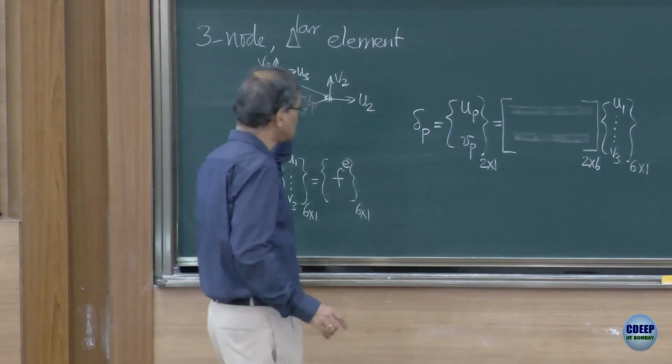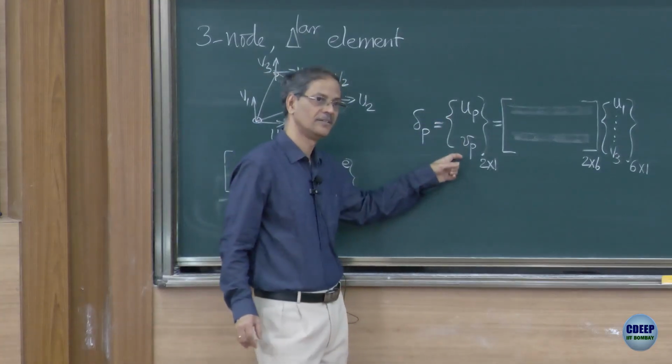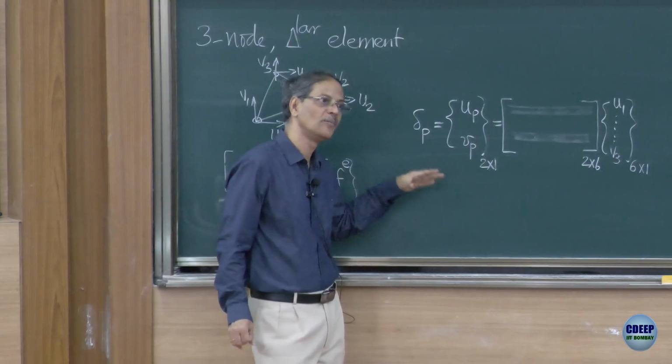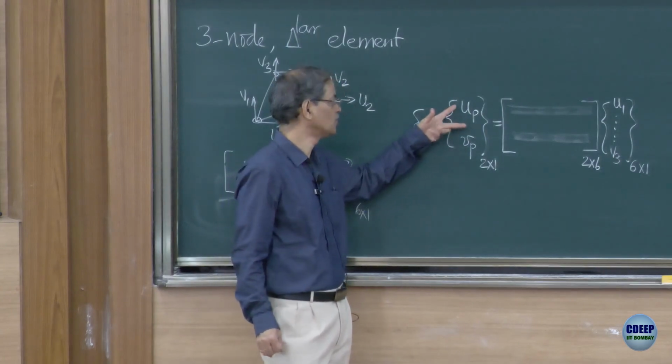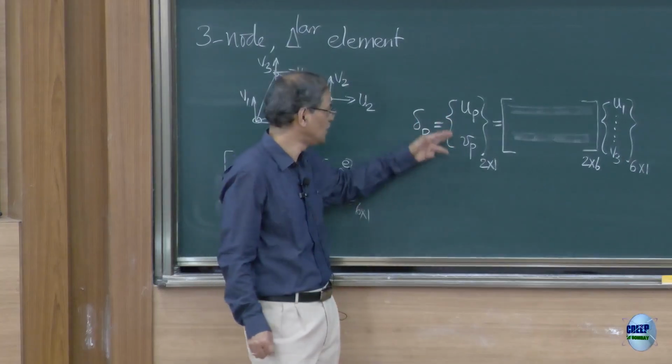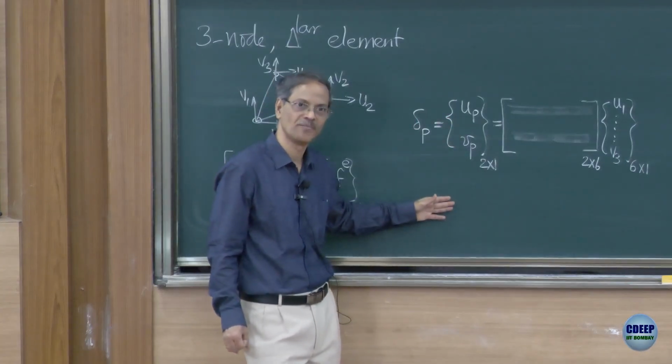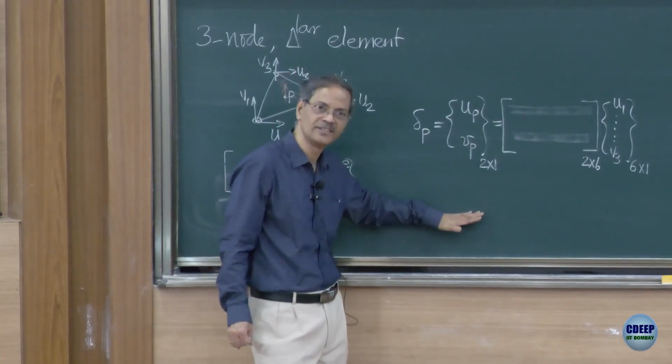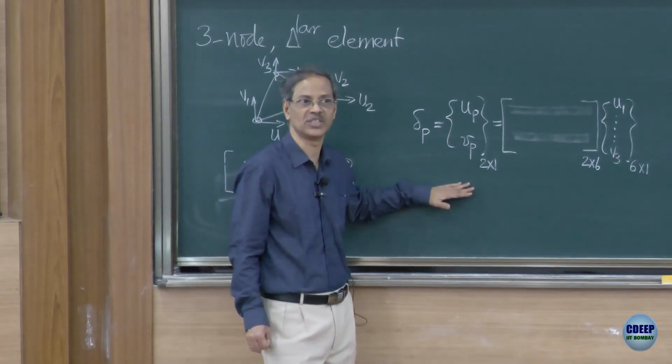So, a displacement at any point, in the case of 2 dimensions, there are 2 displacement components along x and y. In the case of 3 dimensions, it will be u, v and w, for example. This will be 3 comma 1. That is all that will be the change. Okay.